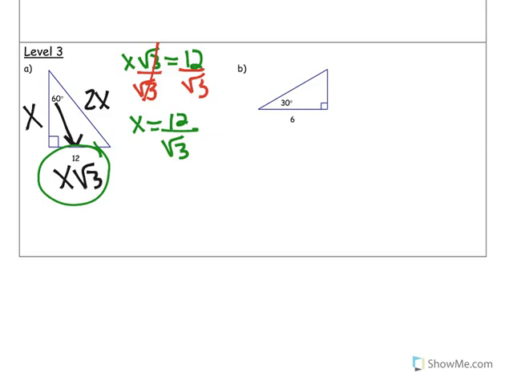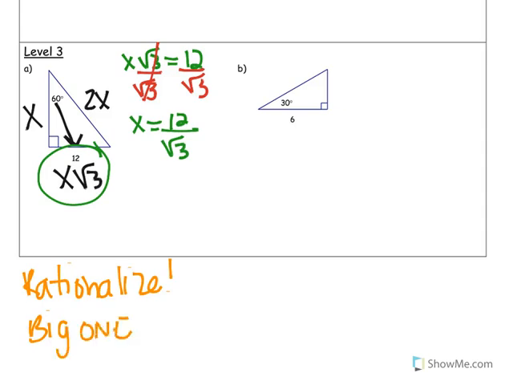Now some of you might leave this here, but I would like us to rationalize. And if you remember, that means I'm going to multiply by the big 1. And in this case, I'm going to look at the radical here. If I want to cancel out root 3, the big 1 that I want to use is actually root 3 over root 3. So I'm going to multiply by root 3 over root 3.